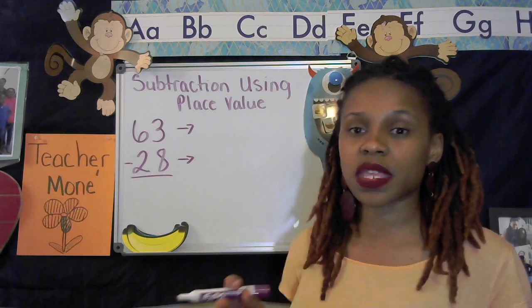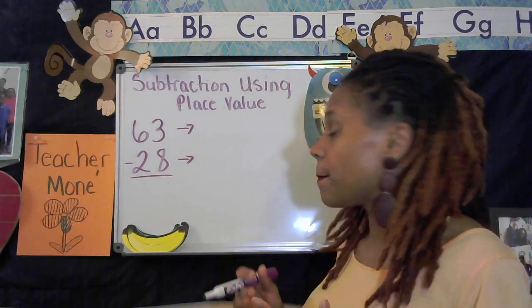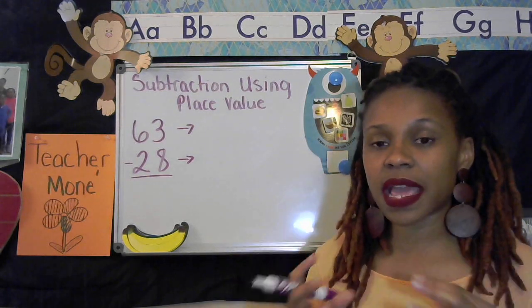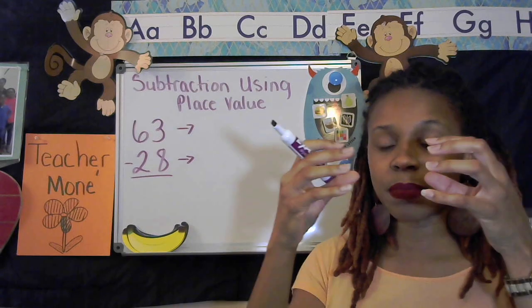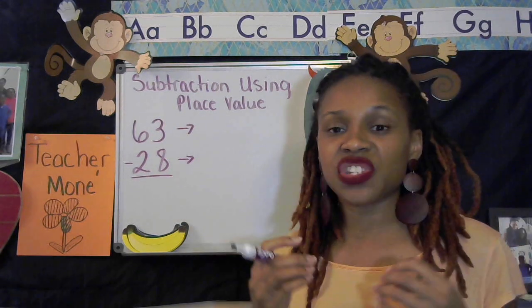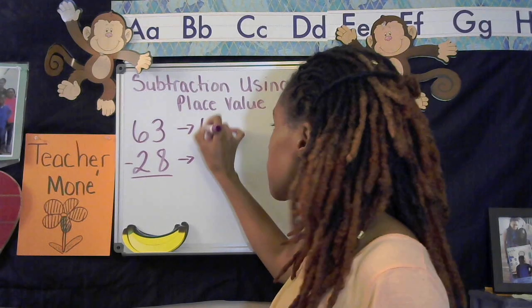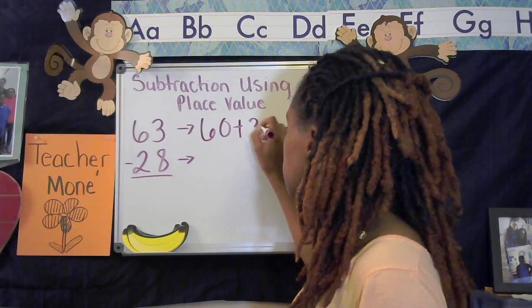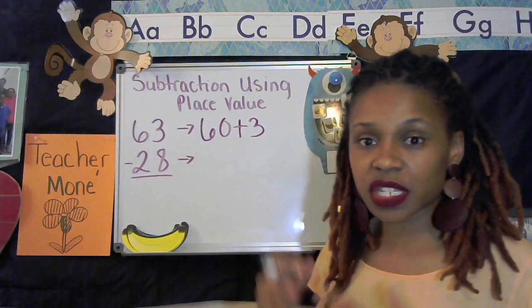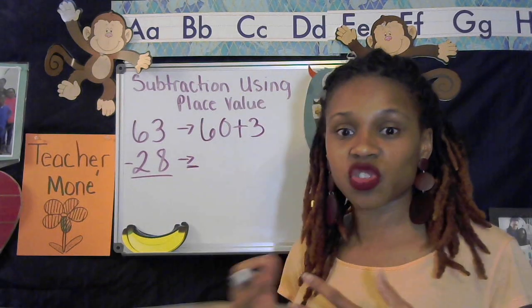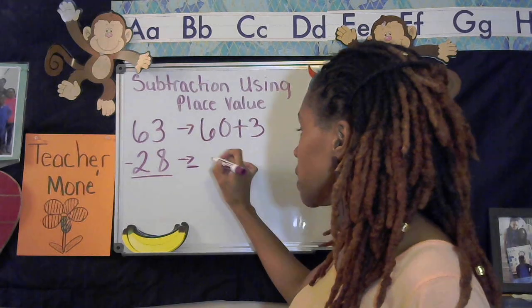So we're going to start with this equation, 63 minus 28. First I'm going to break this number down, or expand it, which means to stretch it out into its place value, 60 plus 3. And I'm going to subtract that from 28, or 20 plus 8.